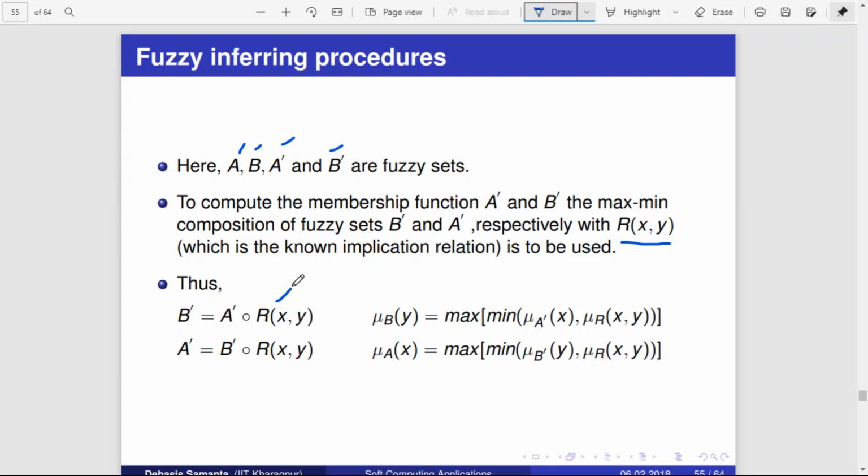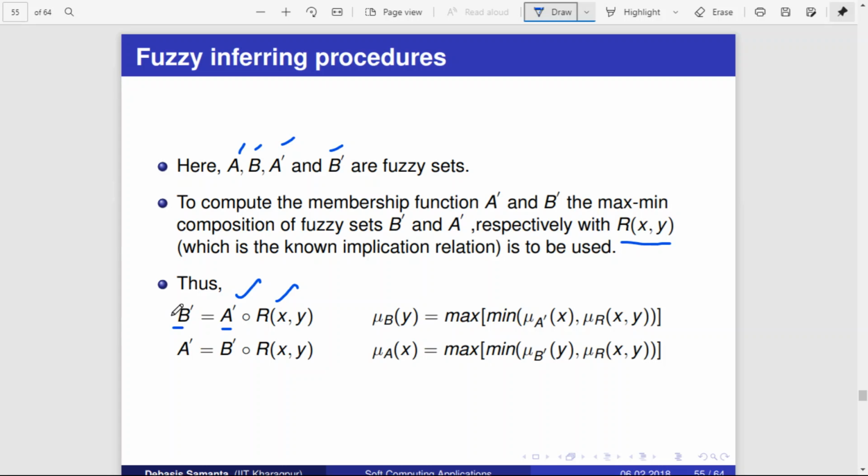If relation R is given and if A dash is known, then B dash can be calculated. A dash is a fuzzy set, whereas R is a matrix. If these two things are known, then B dash can be calculated.